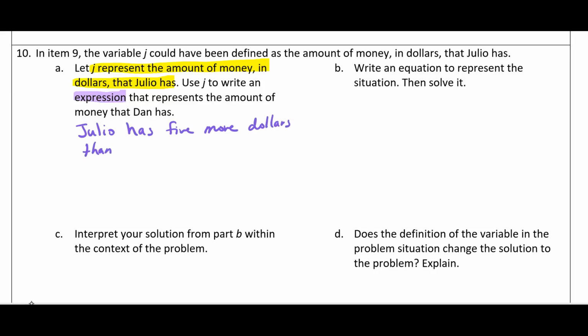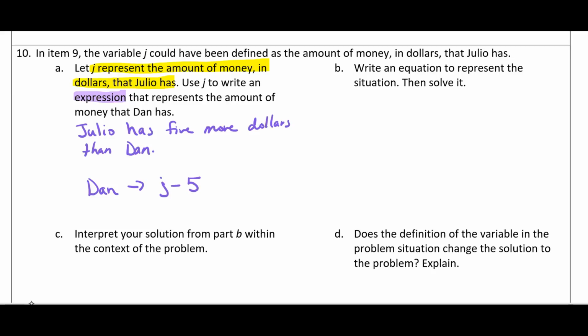That's very important. So if J represents Julio, and we're trying to write our expression for Dan this time, if Julio has $5 more than Dan, this means that Dan has $5 less than Julio.